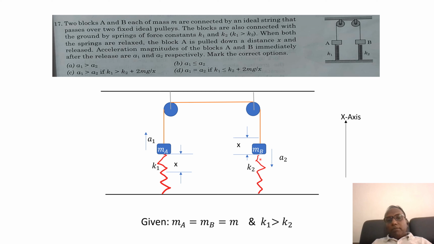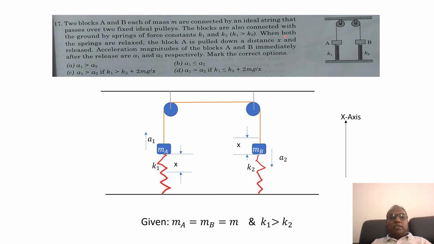Similarly, block B is connected with another spring with a spring constant K2. Both the springs at the other end are connected with the ground. Okay, initially both the springs were in relaxed length, means there was no compression or elongation of the spring in the beginning.